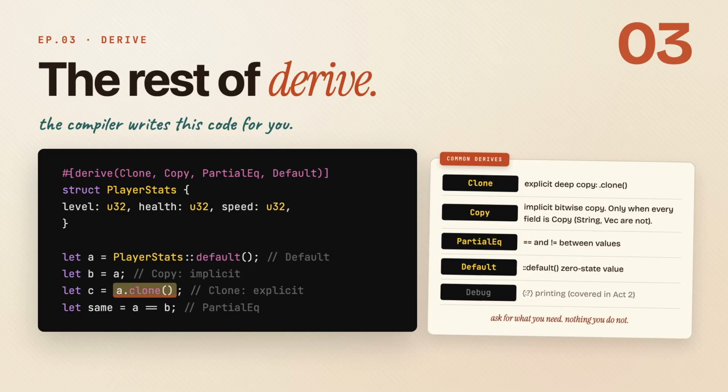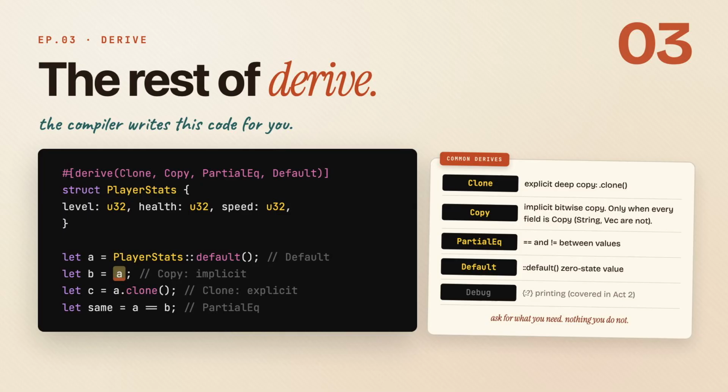Clone is the explicit deep copy. You call .clone and you get an independent value. You see the call written in the code every time. Cloning is never silent in Rust. If the value was big or expensive, you would know because you typed that word.